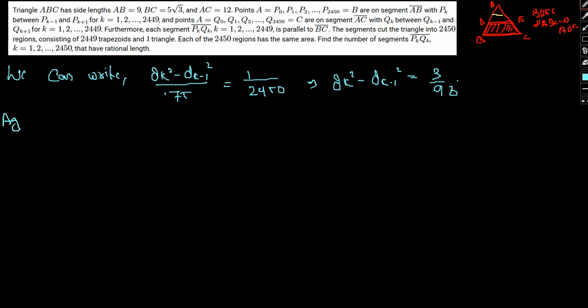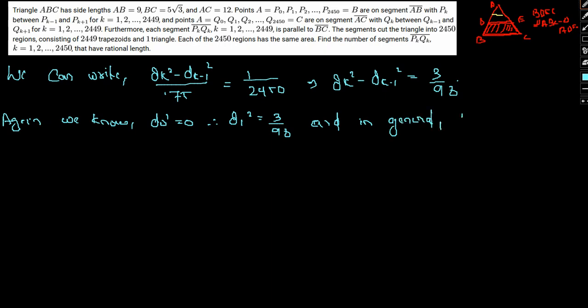Again, we know d0 squared equal to 0, so therefore d1 squared equal to 3 by 98, and in general dk squared equal to 3k by 98, where k can be anything from 0 to 2450.